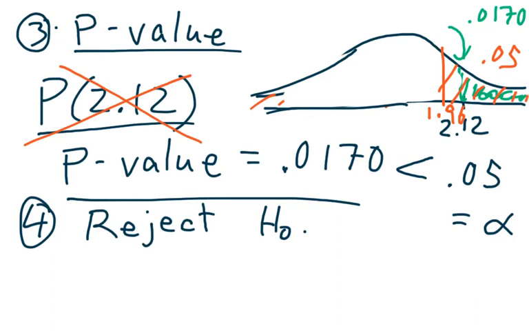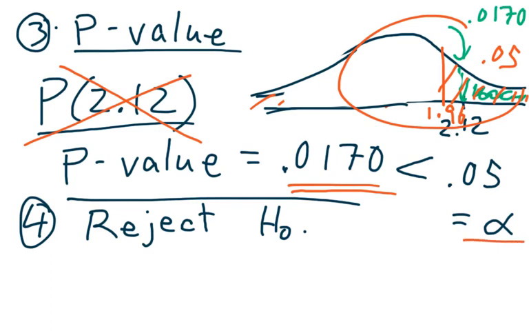Instead, when we're just calculating the numerical value, we don't have to have this picture in mind. It helps to think about it, to analyze it, to come up with the correct p-value. But then we don't even have to think about the z-score itself. We look at the p-value and just compare it directly to alpha.